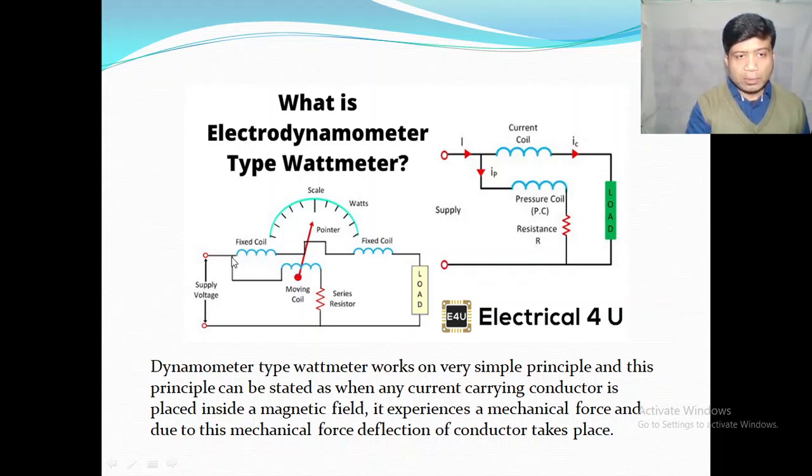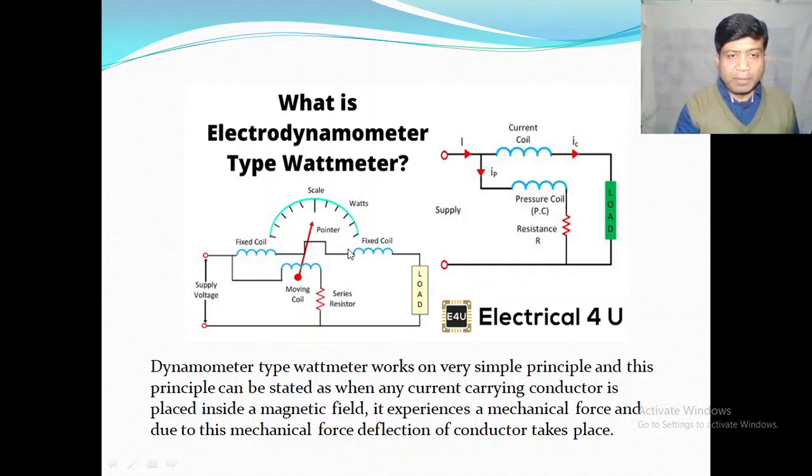While the moving coil will have voltage across itself, which is the voltage of the load which it experiences. So these two quantities, the current in the fixed coil and the voltage in the voltage coil, which is obviously the load voltage, will develop the electromagnetic fields.